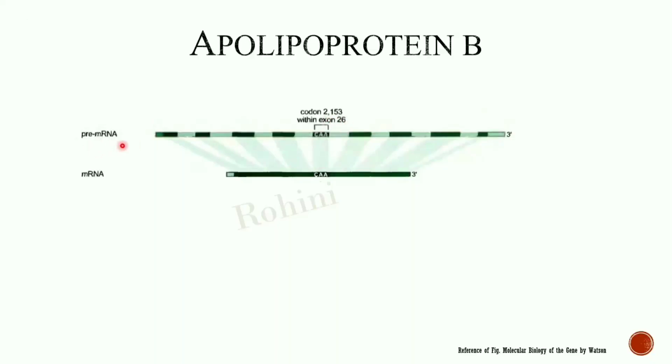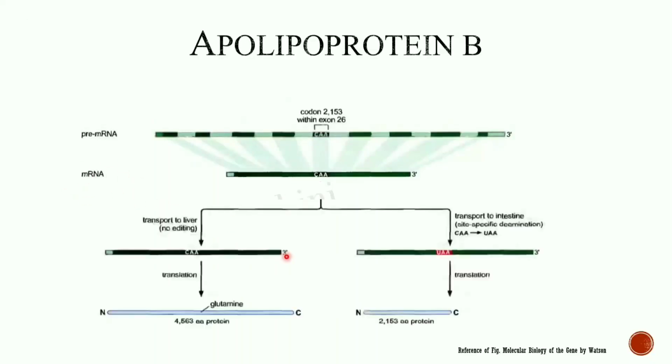From the pre-mRNA, the mRNA is going to be synthesized. Splicing has been done, and after splicing there is the mRNA. Now this apolipoprotein is present in the intestine as well as in the liver.